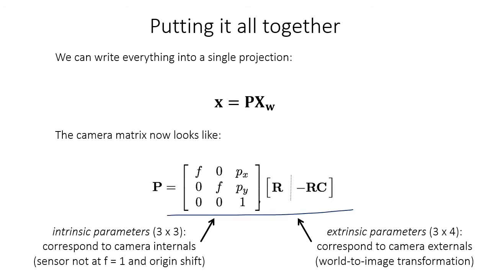So this is intrinsic parameters corresponds to camera internals, focal length, and the difference between camera and image coordinate origin. And this is extrinsic parameter corresponds to camera externals, world to image transformation.